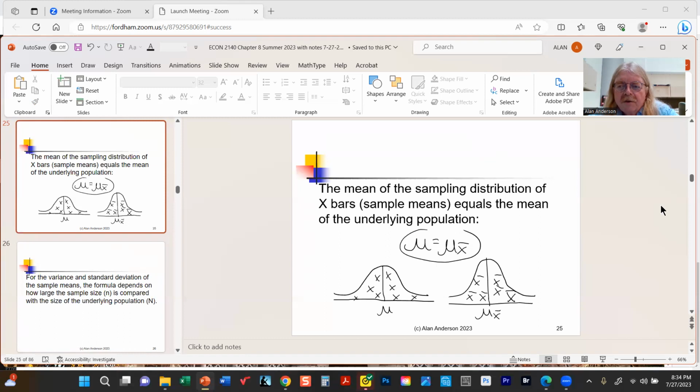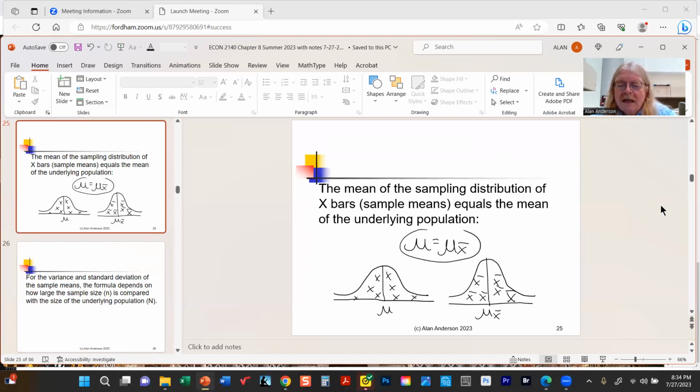If I continue to draw samples, the average of all the sample means will also be 29. Now, if I only draw a few very small samples, not necessarily, but in general, if I sample enough and the sample sizes are large enough, the population mean and the mean of the sampling distribution will be the same. And in this case, 29. All right, so that one is easy.